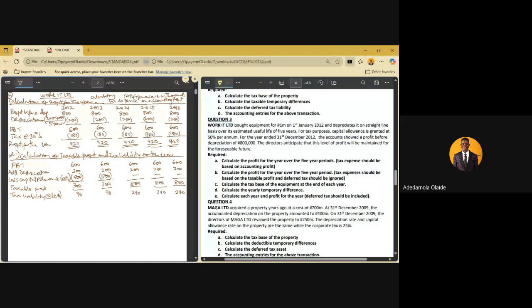So having done this now, we can go to requirement B, which is calculation of profit for the year, with tax expense on taxable profit, ignoring deferred tax.